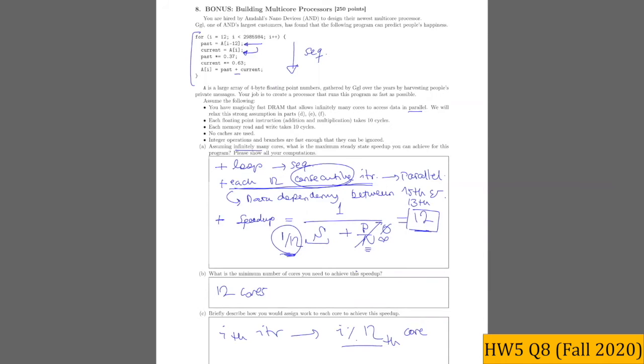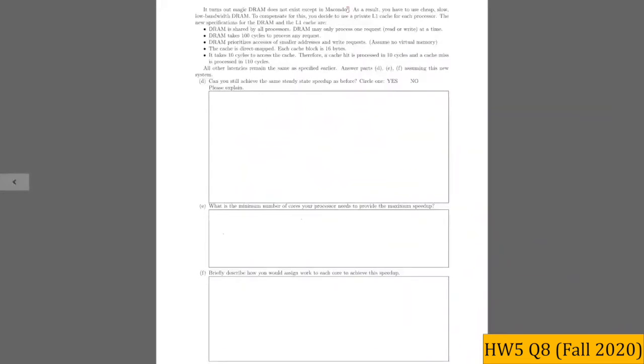Let's go to the next. Let's start here. It turns out magic DRAM does not exist except in Macondo. As a result, you have to use cheap, slow, low bandwidth DRAM. To compensate for this, you decide to use a private L1 cache for each processor.